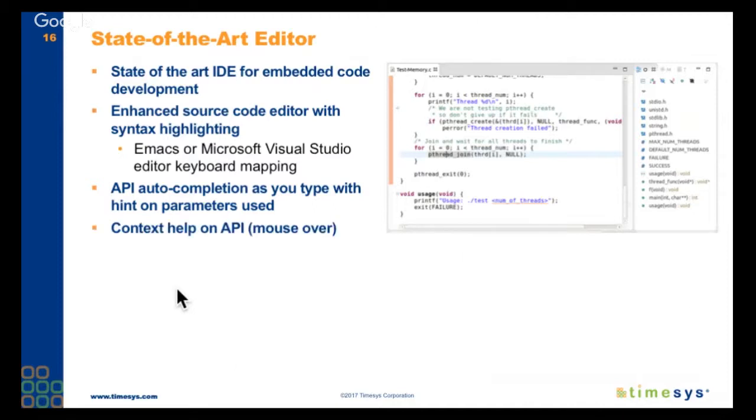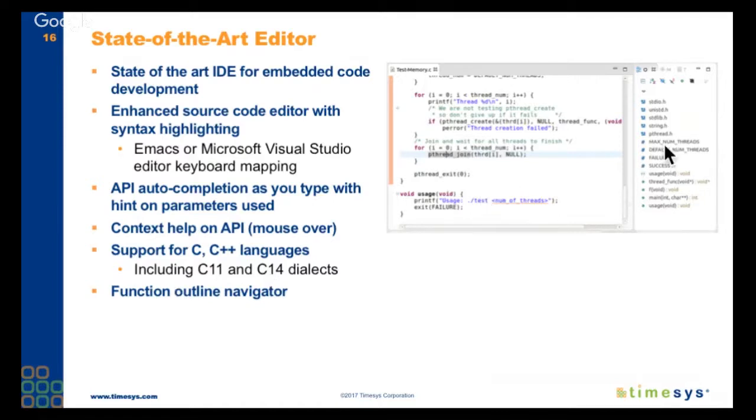Context help on API: if we want to learn more about the types of variables that a function takes, you can just do a mouse over a specific function, and the IDE will tell you what parameter types that particular function takes. TimeStorm supports different C, C++ dialects, C99 of course, but C11 and the new C14 dialects are supported as well.